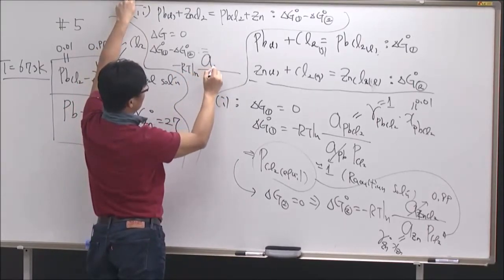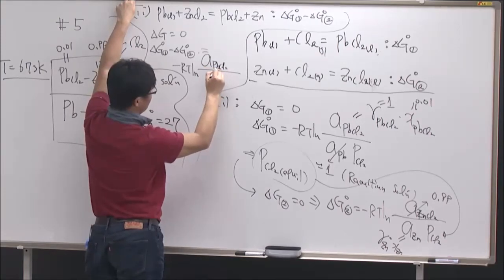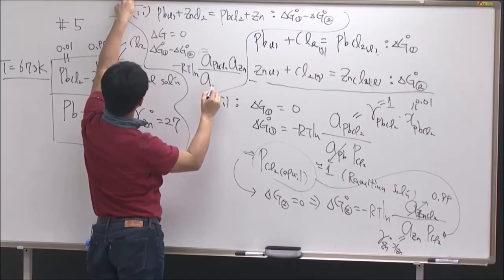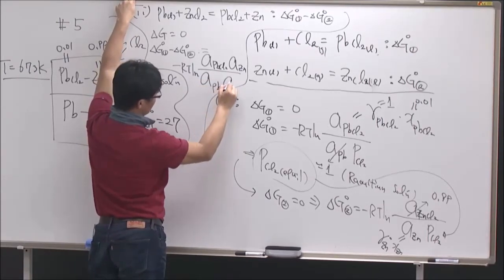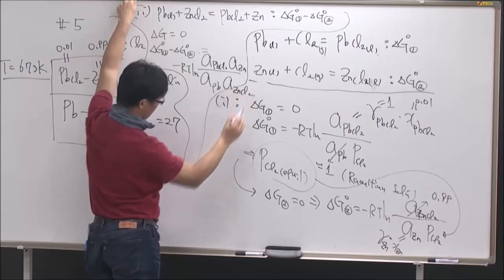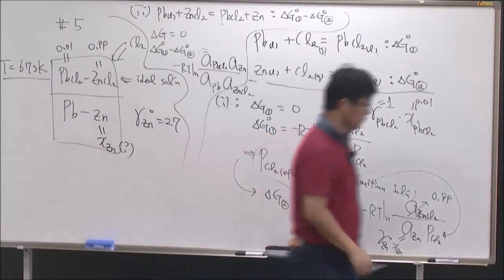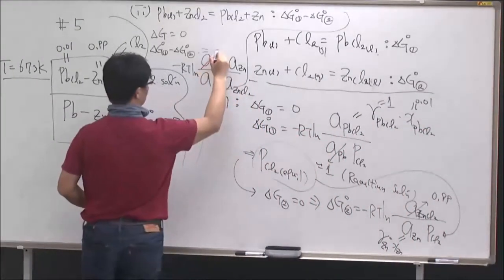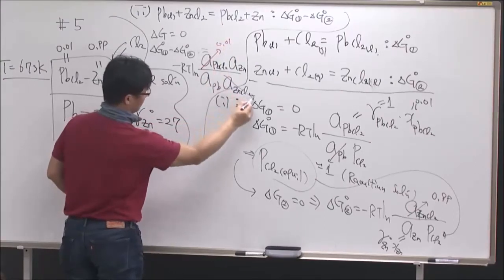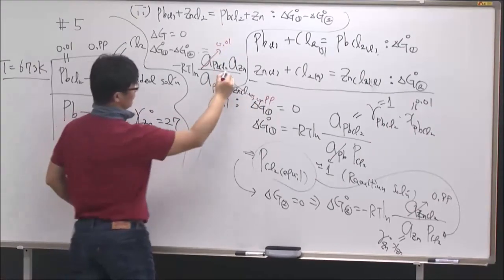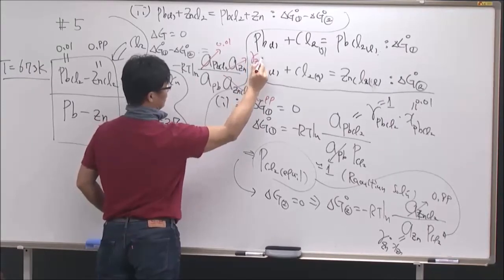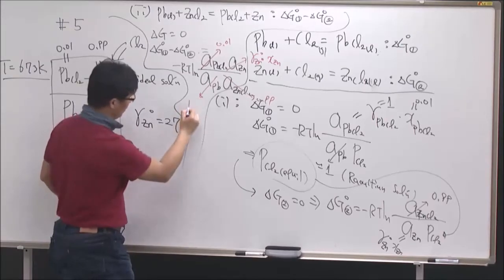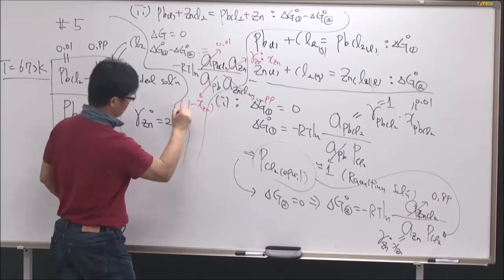So activity of PbCl2 and activity of Zn, activity of Pb, activity of ZnCl2. This one, 0.01, 0.99. This one, activity coefficient of Zn times mole fraction of Zn. This one, theoretically, 1 minus mole fraction of Zn.